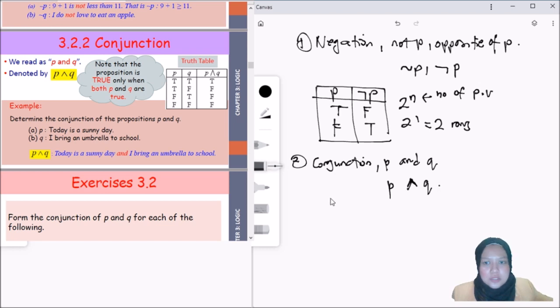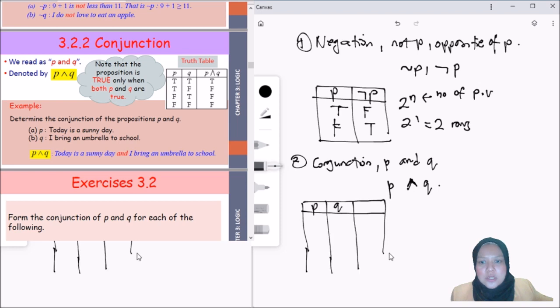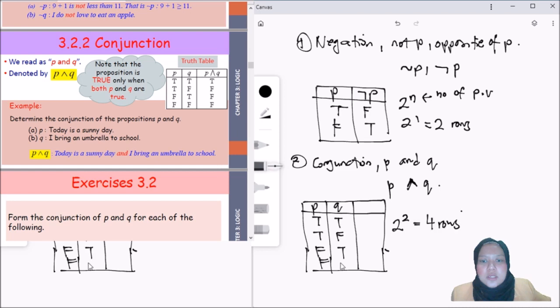The truth table for conjunction is, we construct a table with P and Q. How many possible rows? 2 to the power of 2 propositional variables, which equals 4. So there are 4 rows: true, true; true, false; false, true; and the last one is false, false.